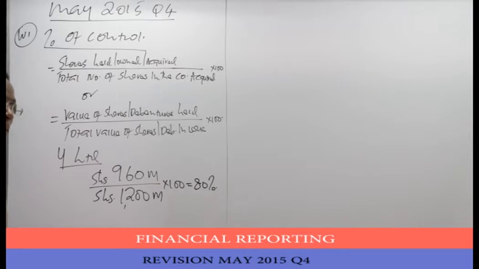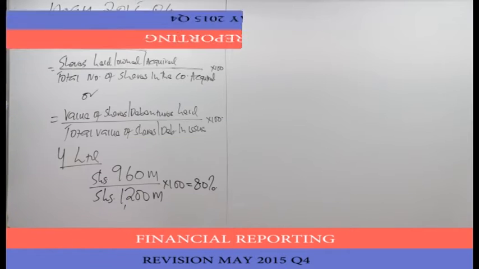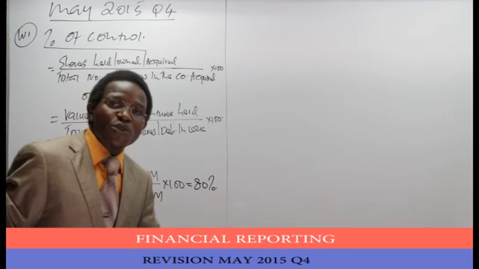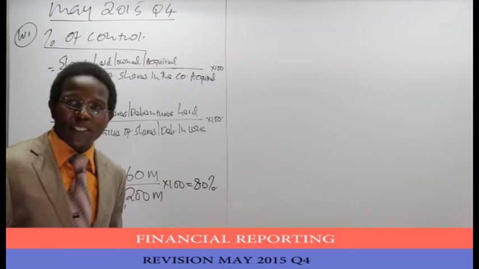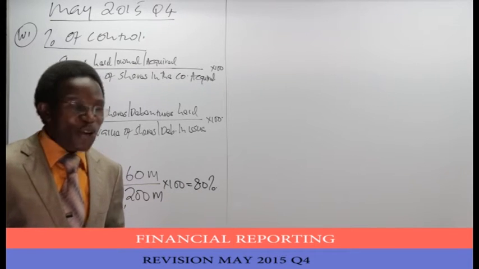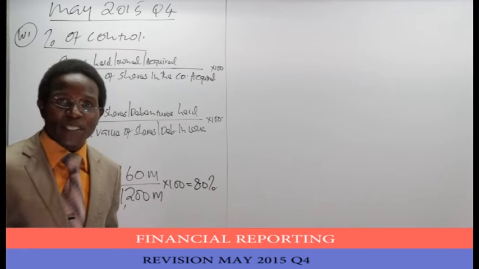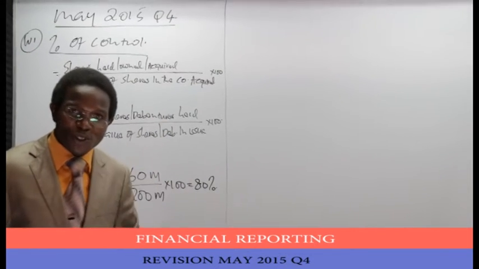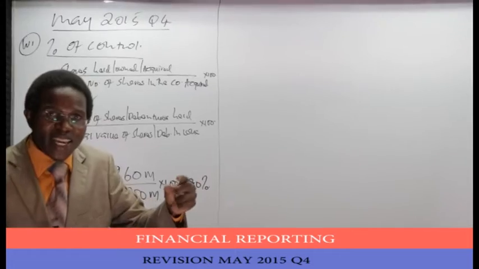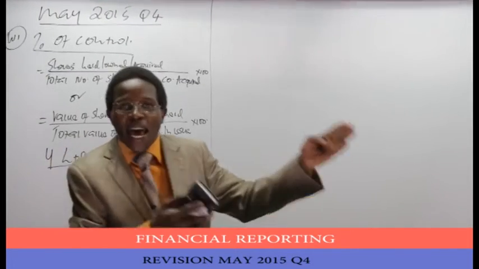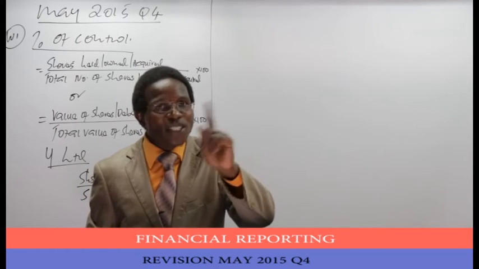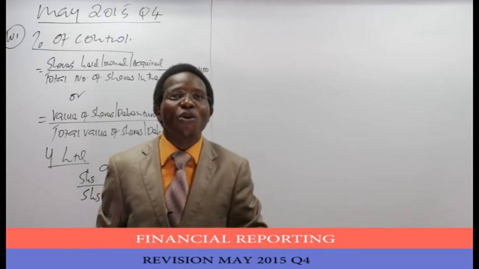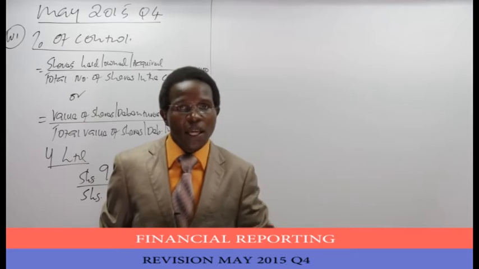You need to remember that according to IFRS 10, a company is not a subsidiary merely because you own more than 50% shareholding. You can as well own less than 50%, friends, but you still have control. That's why we are saying there are differences between IAS 27 and IFRS 10.